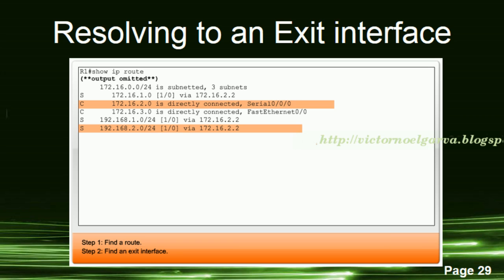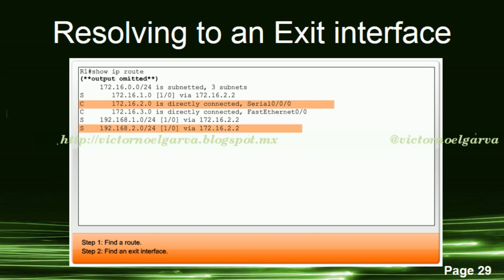The packet's destination IP address is matched to the static route 192.168.2.0/24 with the next hop IP address 172.16.2.2. 2. The next hop IP address of the static route, 172.16.2.2, is matched to the directly connected network 172.16.2.0/24 with the exit interface of Serial 0/0/0.